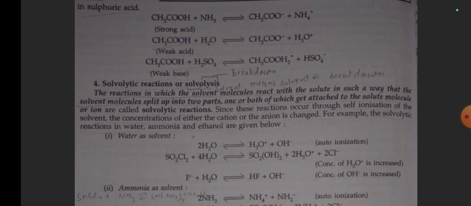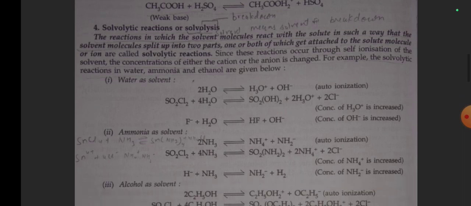Number 4. Solvolytic reactions or solvolysis. The reactions in which the solvent molecules react with the solute in such a way that the solvent molecules split up into two parts, one or both of which get attached to the solute molecule or ion, are called solvolytic reactions. Since these reactions occur through self-ionization of the solvent, the concentration of either the cation or the anion is changed. For example, the solvolytic reactions in water, ammonia, and ethanol are given below.